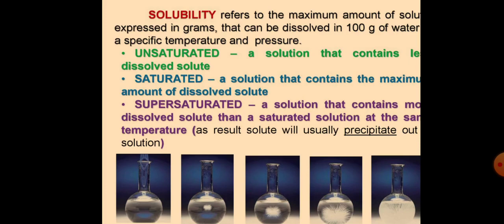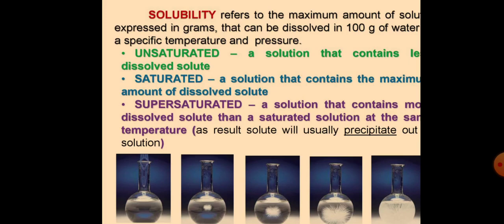So what is a saturated solution? A solution that contains the maximum amount of dissolved solute, or a solution in which no more solute can be dissolved, we call saturated. A supersaturated solution is a solution that contains more dissolved solute than the saturated solution at the same temperature.